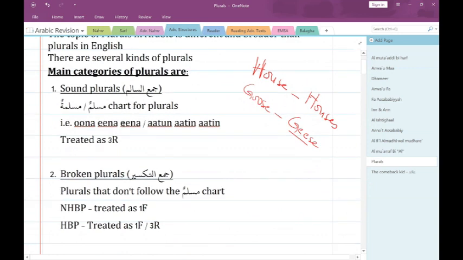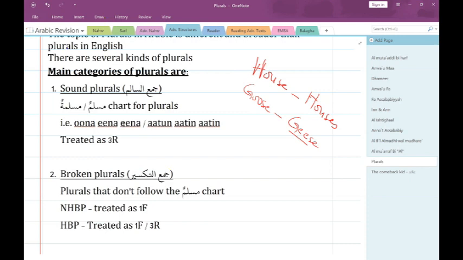Okay. So Bismillah. The first one is sound plurals, what we call Jam'u as-Salim. So you have Jam'u Mudhakkar as-Salim and Jam'u Mu'annath as-Salim. Either it's going to be a sound masculine plural or a sound feminine plural.